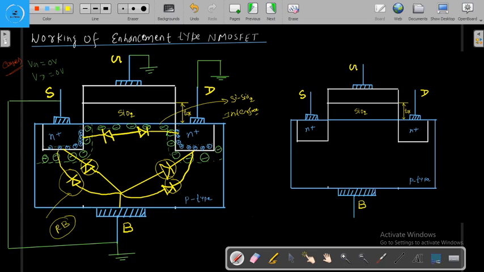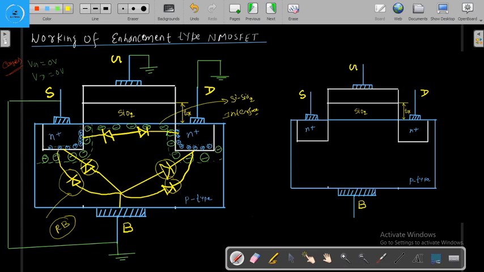Because if we apply some potential at the body, then these diodes will be in forward bias, and hence a large amount of current will flow through them, and our MOSFET will be burned out.